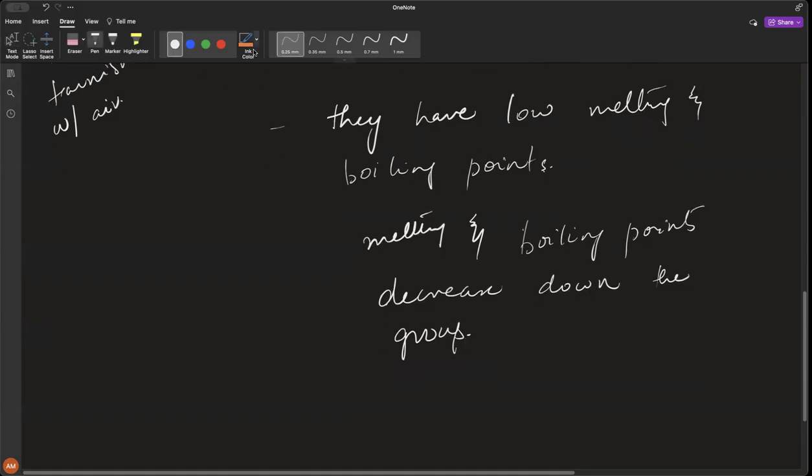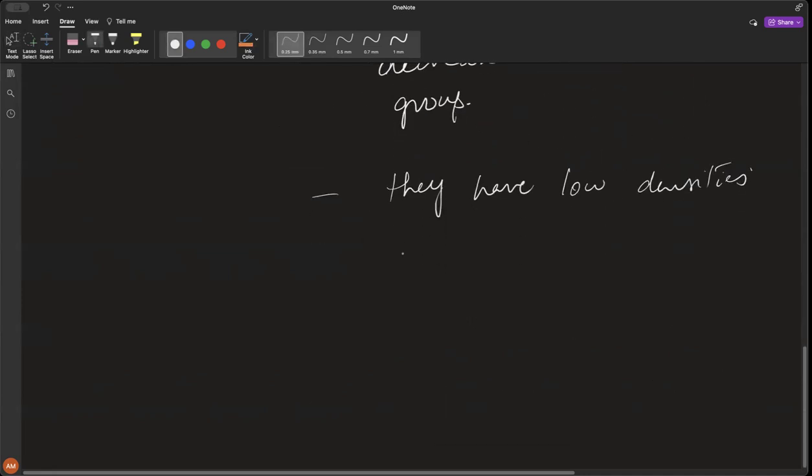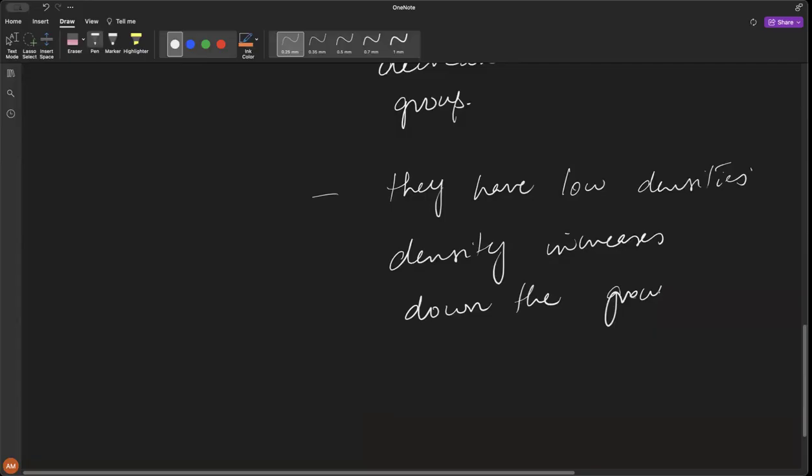Second, more important point is that they have low densities. Density increases down the group due to increase in the mass.